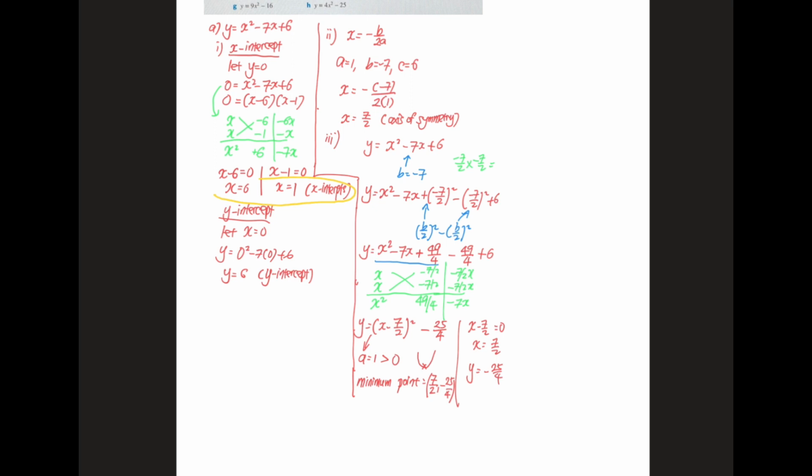I have to use the x-intercept. Okay, I just realized this is not spelled that way. Intercept. Okay, then the second information that we need to use is the y-intercept, then the axis of symmetry, then the minimum point.